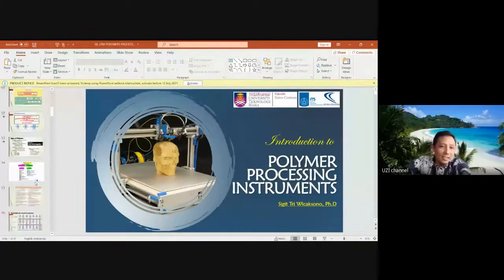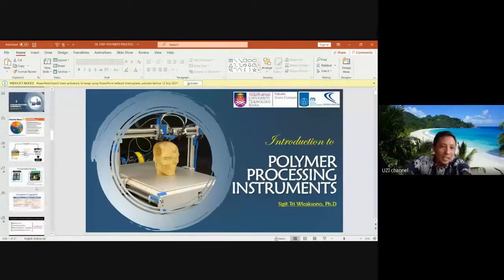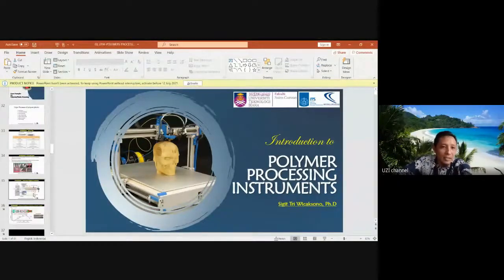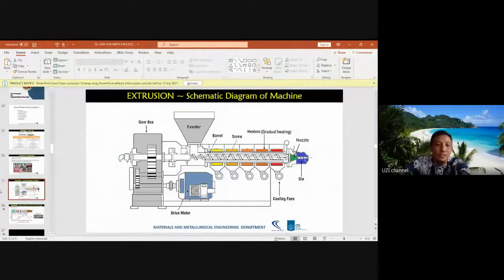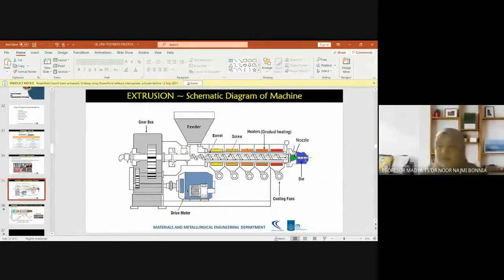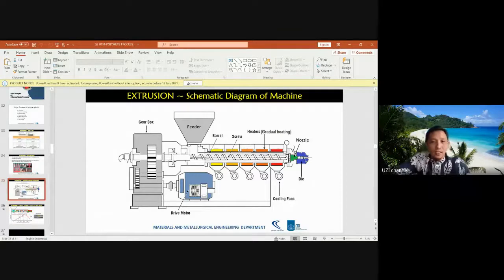Okay, let's see the injection with this one, extrusion and injection. Is there any defect? Normally, defects can arise from many sources. It can be caused by the die or the nozzle or the heating process.